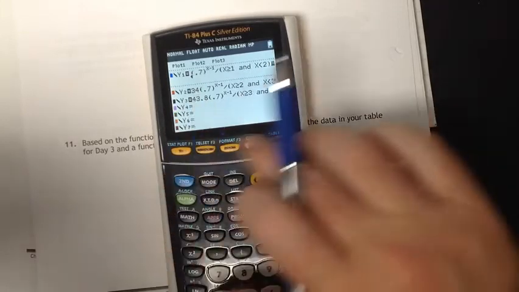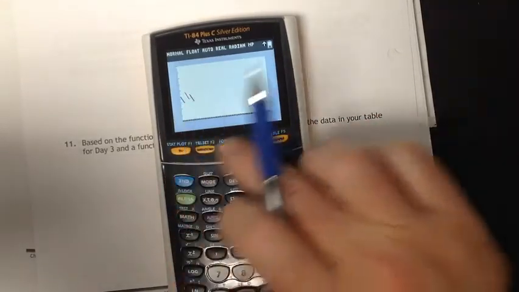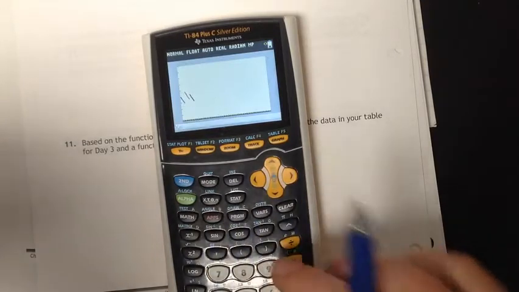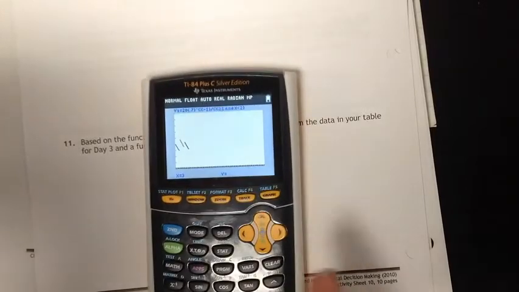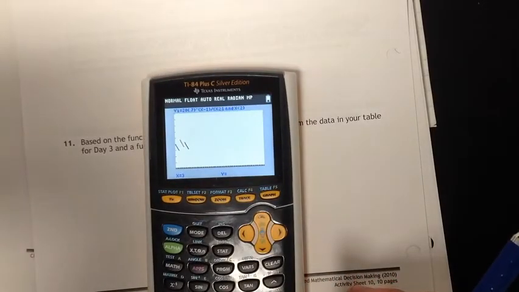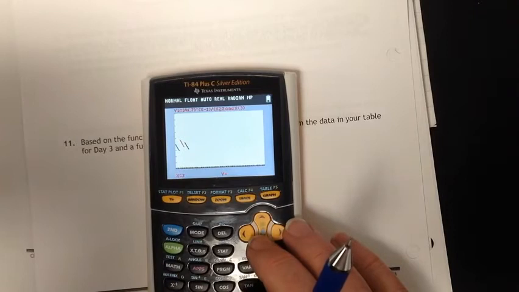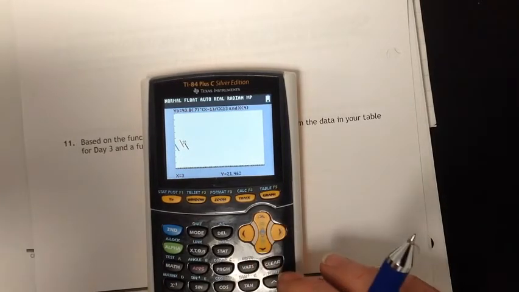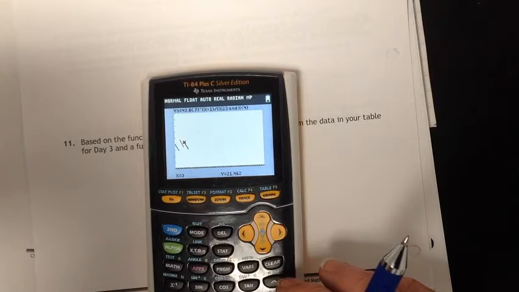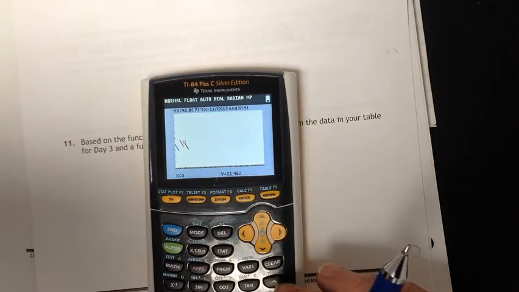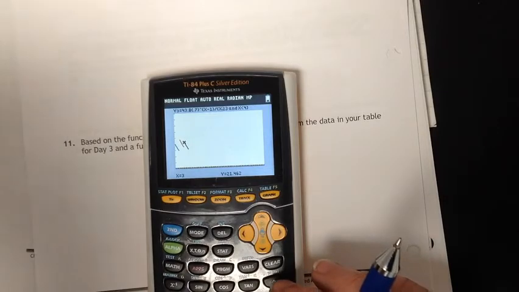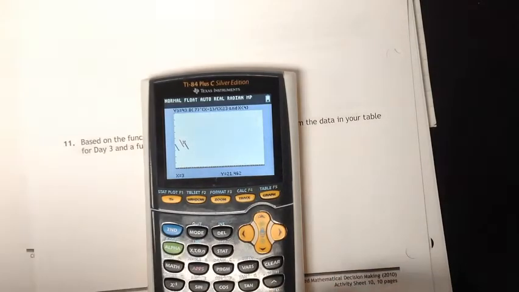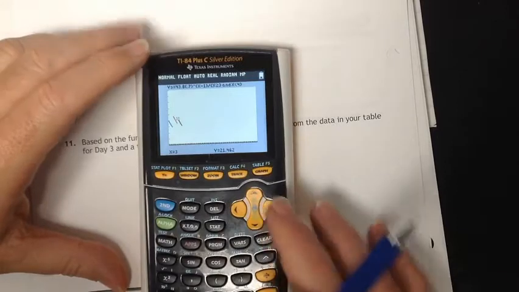So, second trace value, if I put in 3, why isn't that coming up? I think, enter the function, I think this is not right.